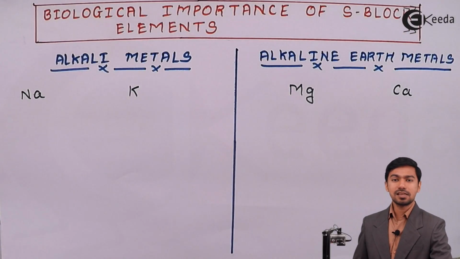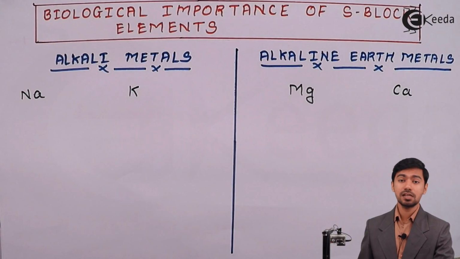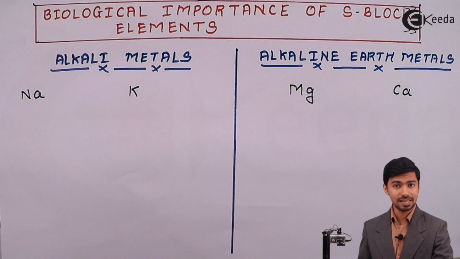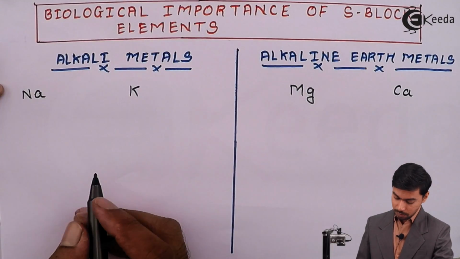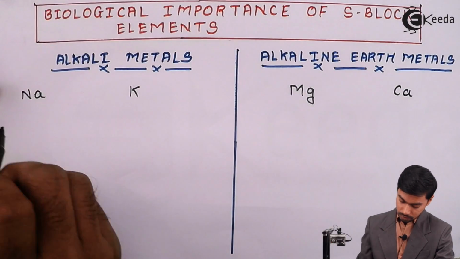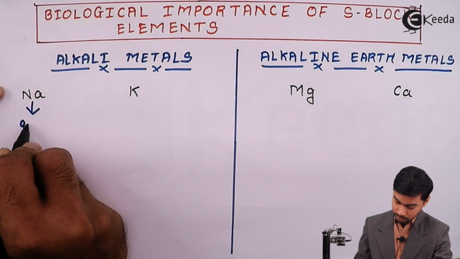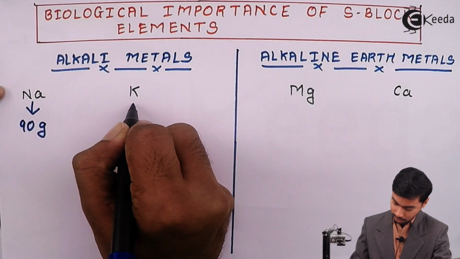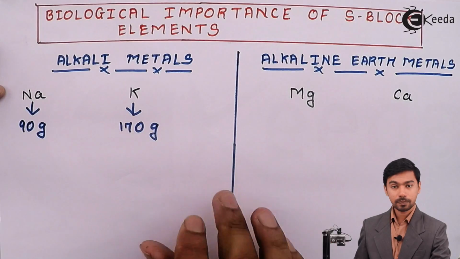Whenever we take the example of a normal person, just consider one person who has a normal weight, that is 70 kilograms. A 70 kilogram person has a normal weight. That person's body can contain sodium around 90 grams and potassium around 170 grams.